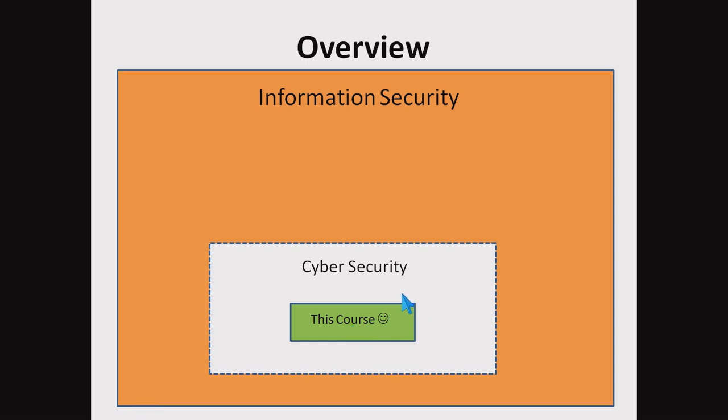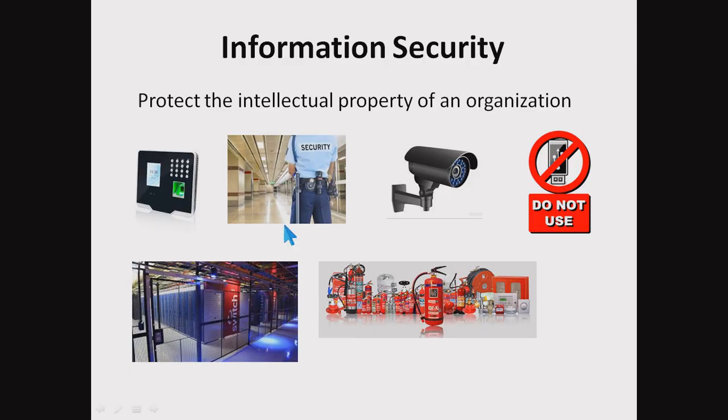So, what is information security? Before we answer that question, we'll have to understand what is meant by the intellectual property of an organization. Let's consider that there's a private or government organization, it doesn't matter. Let's assume an electronic equipment manufacturer in the defense sector.